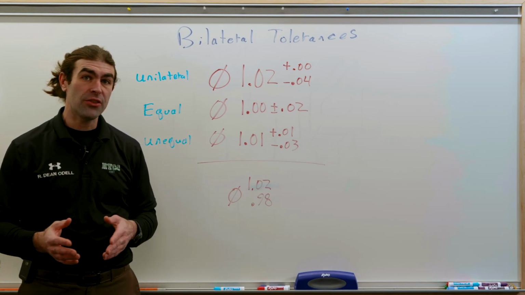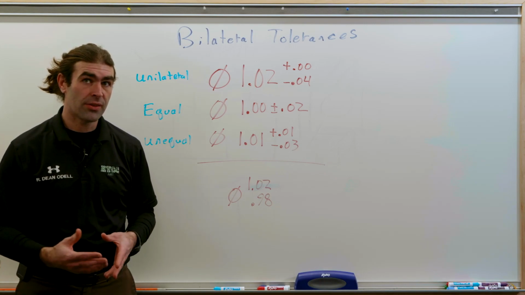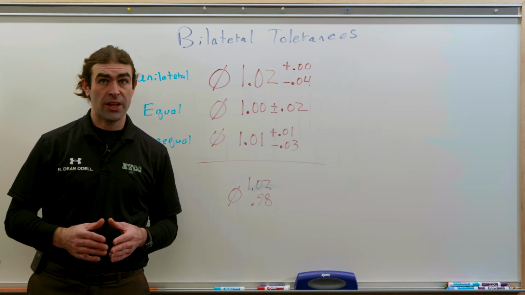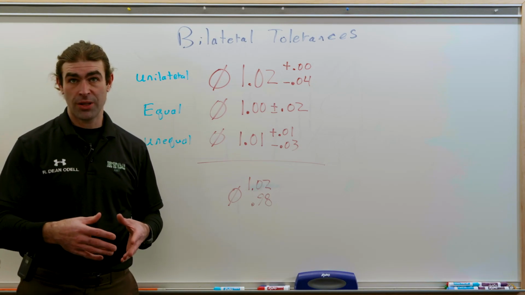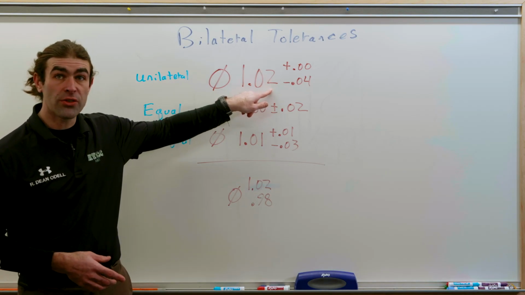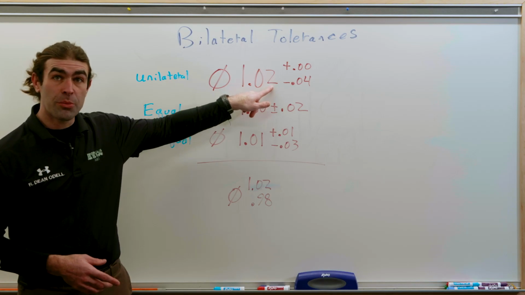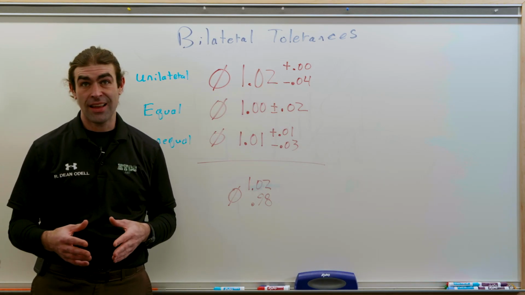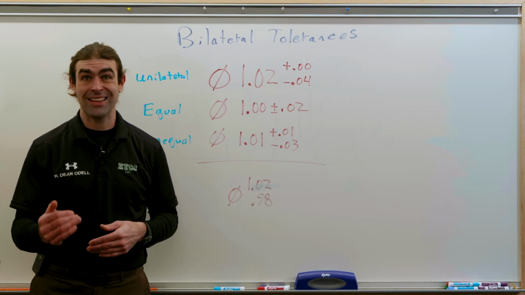The tolerance on each of these is 40 thousandths. Now, specific companies might have rules about where you need to report up the chain of command if you're regularly getting close to your tolerance band here. But as far as ASME is concerned, they all mean the exact same thing. The limit is the limit.